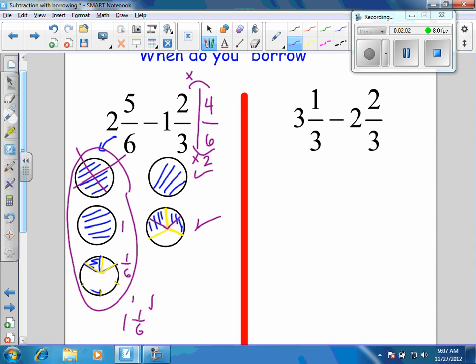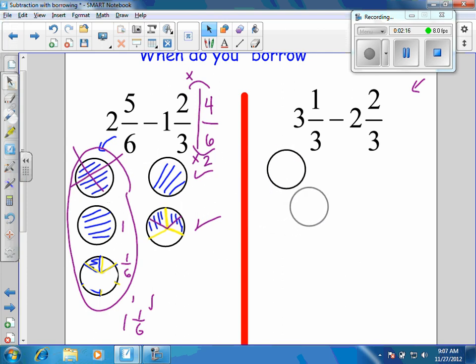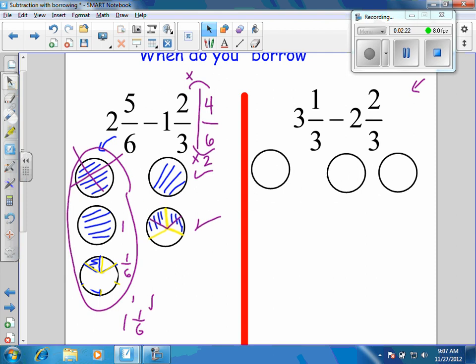But in this picture on the right, it doesn't work out so nice because we could still draw the original picture, 3 1/3. So if I have 3 1/3, I'm just going to line them up this way. So I have 3 wholes and 1 more third.